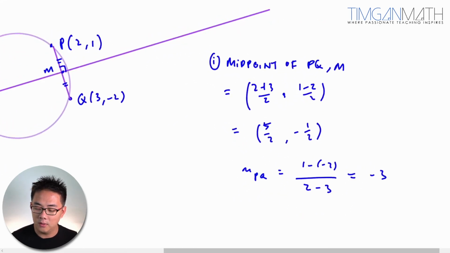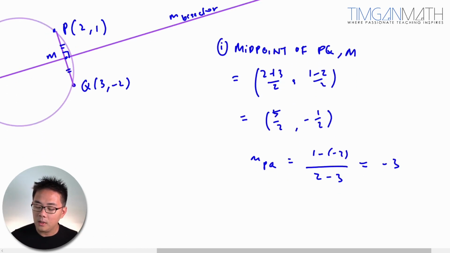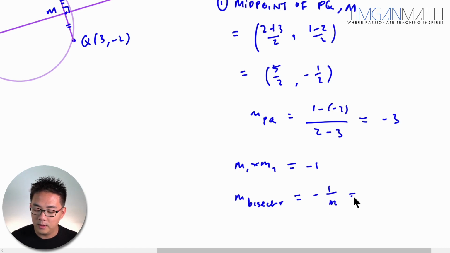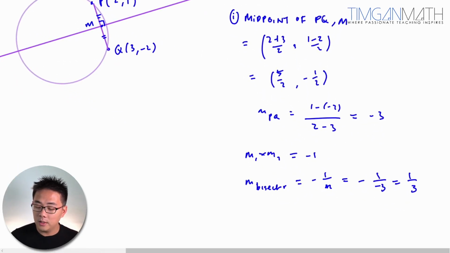Now the gradient of the bisector is given by m1 times m2 equals -1, so the gradient of the bisector is -1 over m, which is 1/3.